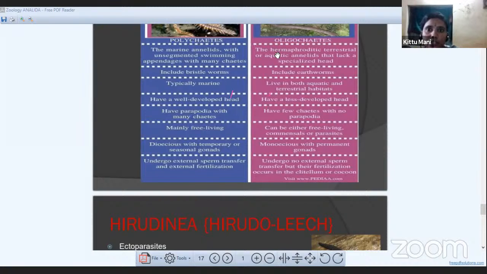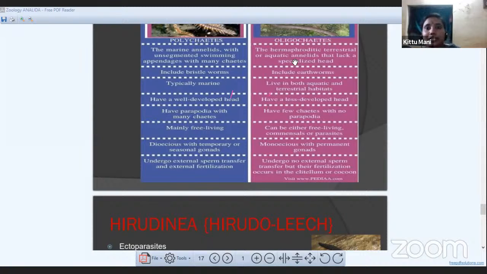What are oligochaetes? Hermaphroditic terrestrial or aquatic annelids that lack a specialized head. Hermaphrodite means that the male organ and female organ of the genital organs are in the same organism.